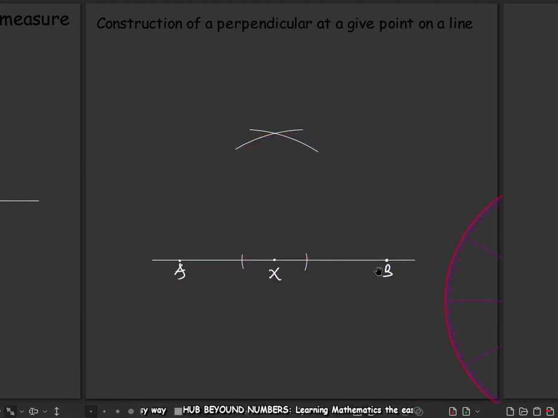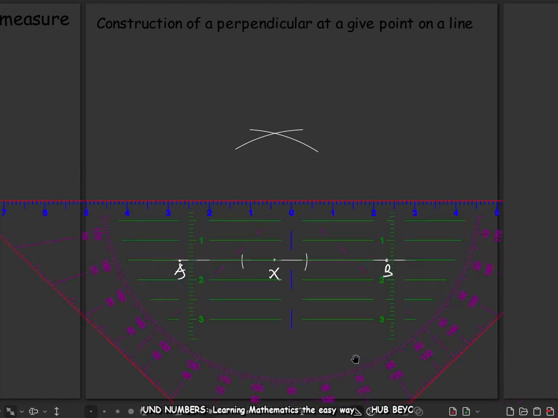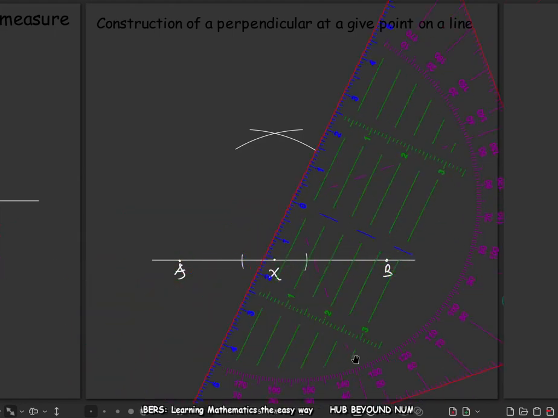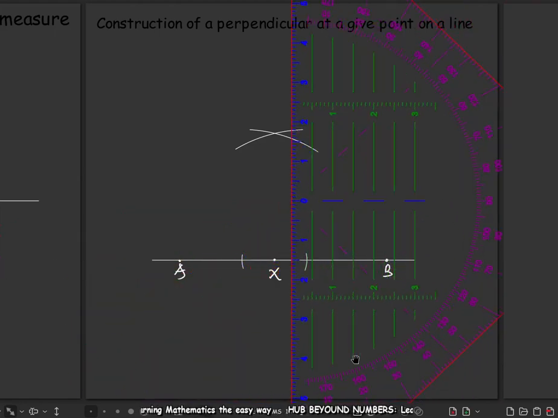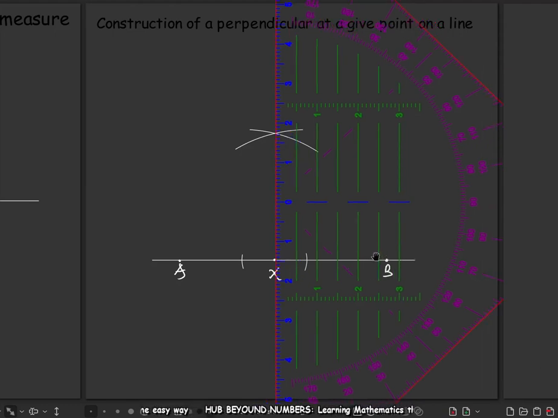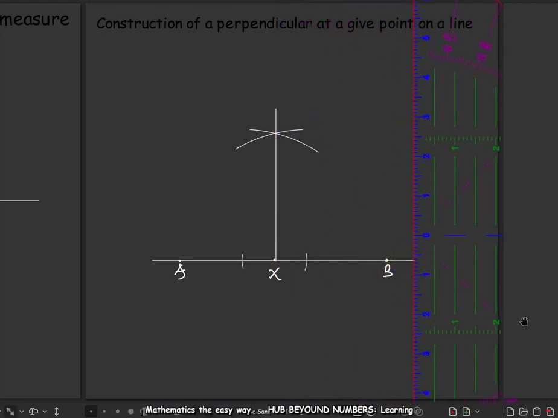With this now, you take your ruler. We are done with the compass work. So we take our ruler and make sure we align the point of intersection of these two arcs to where we have our point. And then we draw a straight line through it. So this is it over here, and I'm drawing a straight line through it. You see?